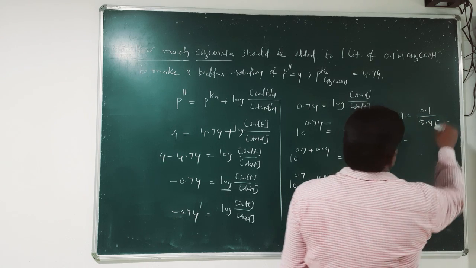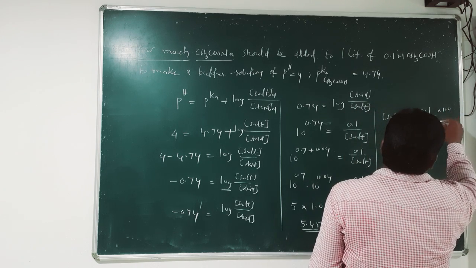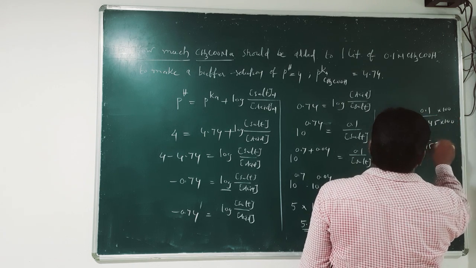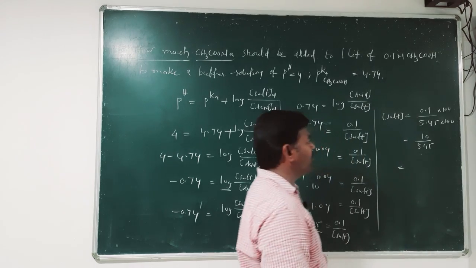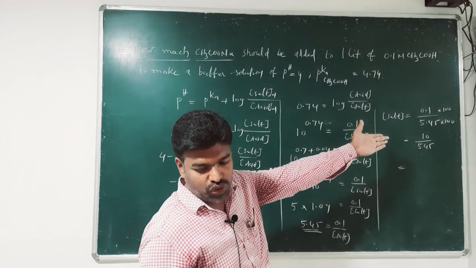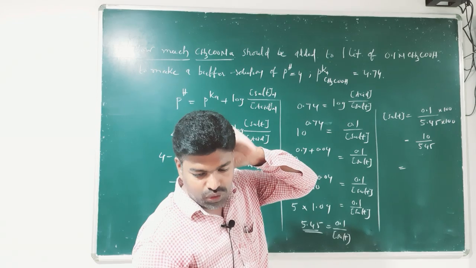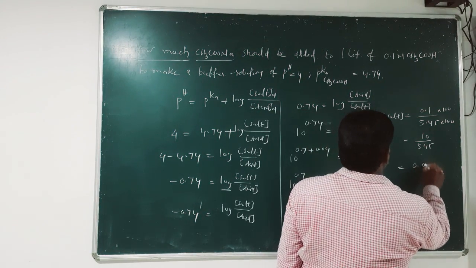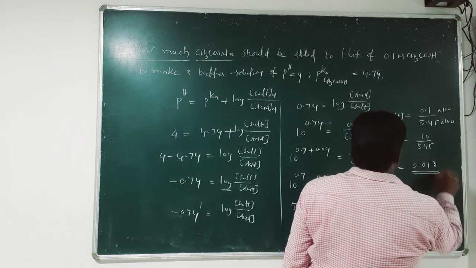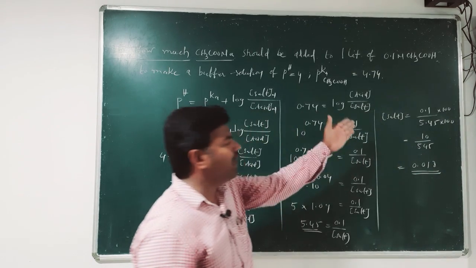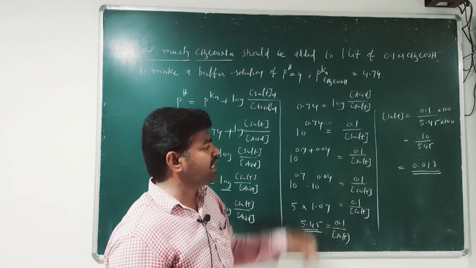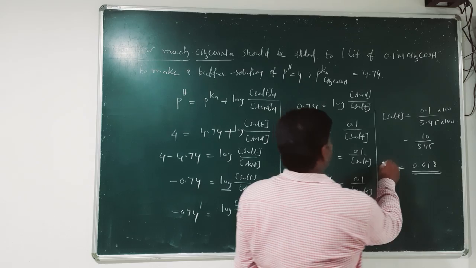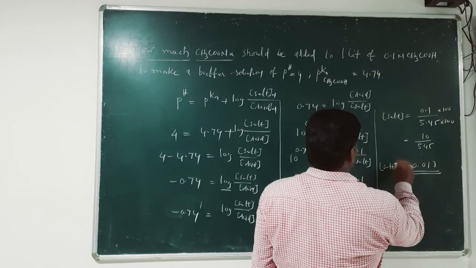Multiplying by 100, it is 10 by 545, which comes out to be 0.018. So the concentration of salt is 0.018.